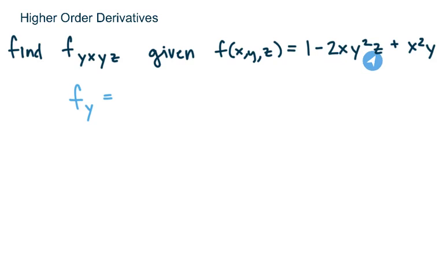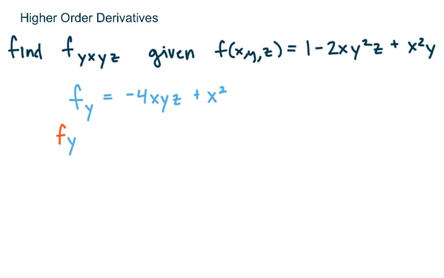So I have 2xz, 2y, or 4xzy. Now, there was a negative in front of that, so that's negative 4xyz. Differentiating this third term with respect to y, that means x squared is a coefficient, and I'm left with x squared.